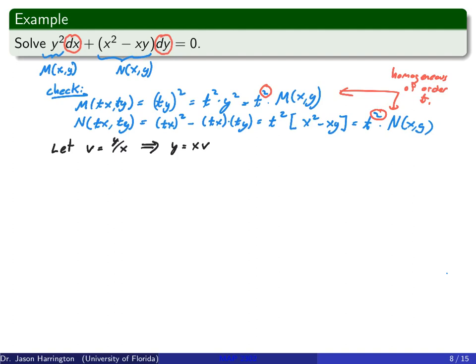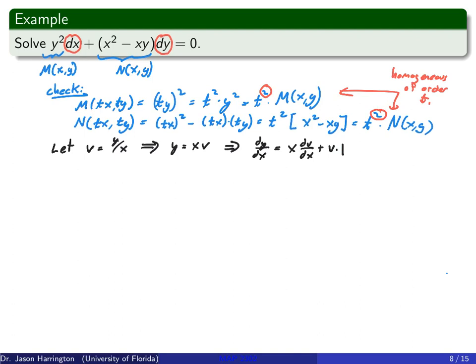And then when I take the derivative of this, the derivative of y with respect to x is now going to be equal to the first times the derivative of the second plus the second times the derivative of the first, which is just 1.